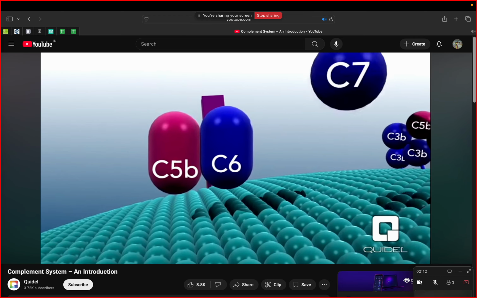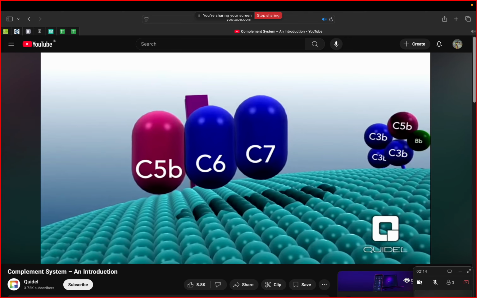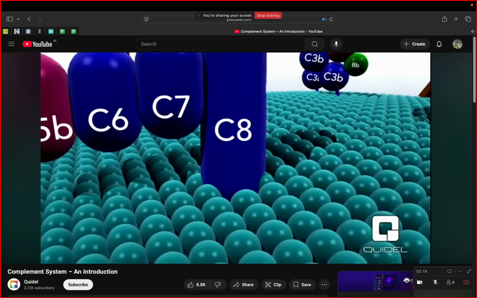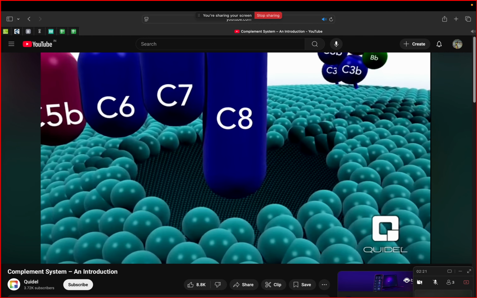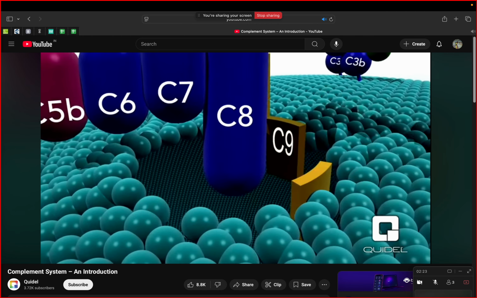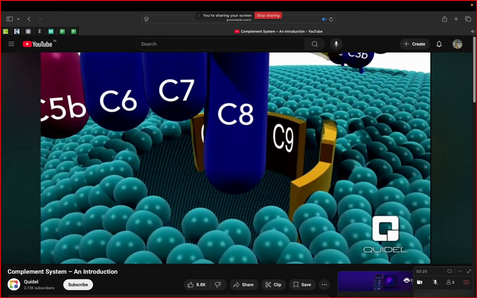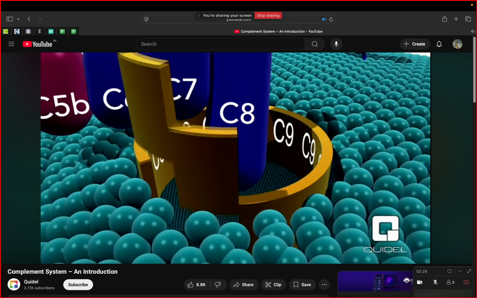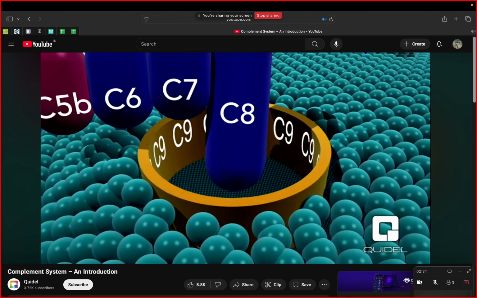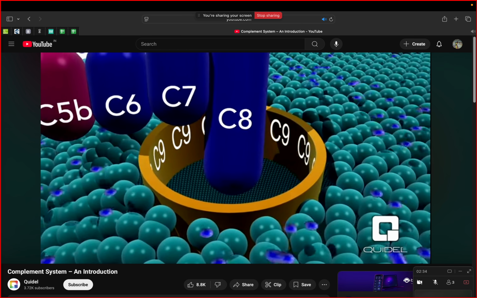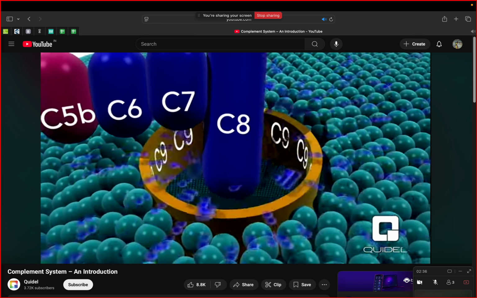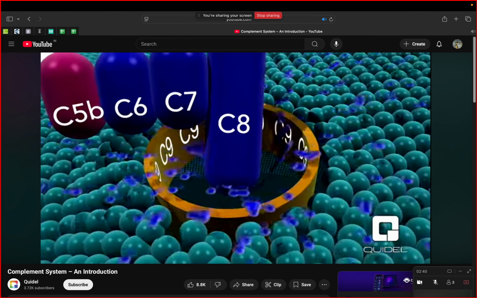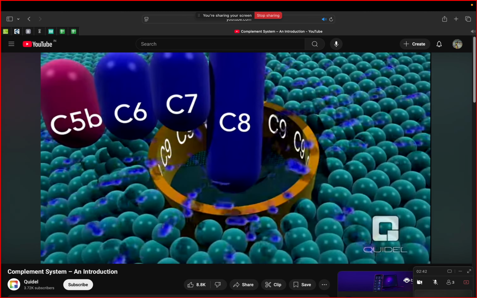C5b associates with C6, C7, and C8, forming a large multimolecular complex that begins to disrupt the cell membrane. Subsequently, C9 binds to C8, followed by many additional C9 molecules, forming a large pore that allows water, ions, and small molecules to enter the cell, leading to lysis.